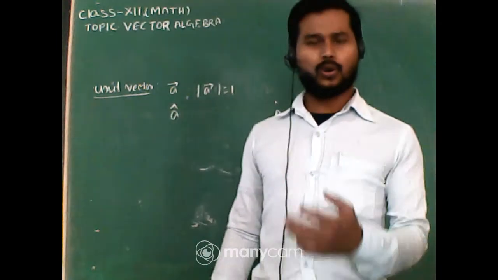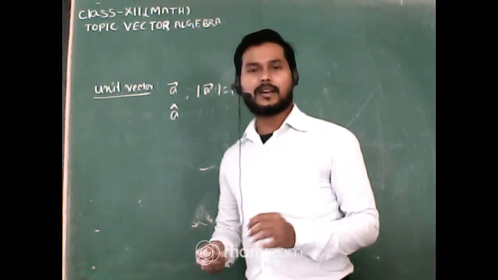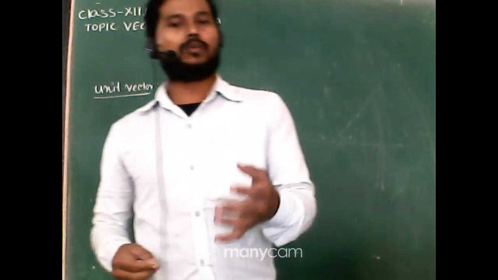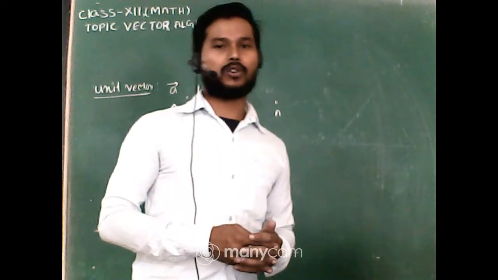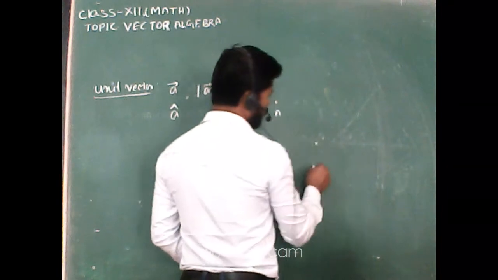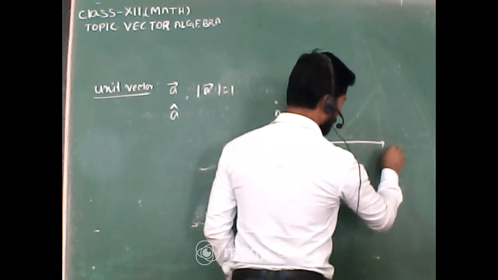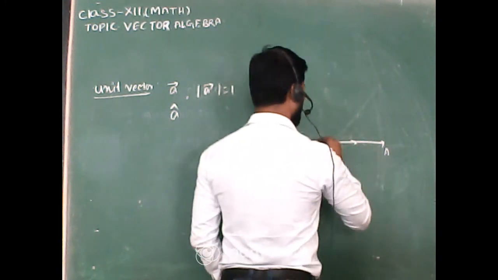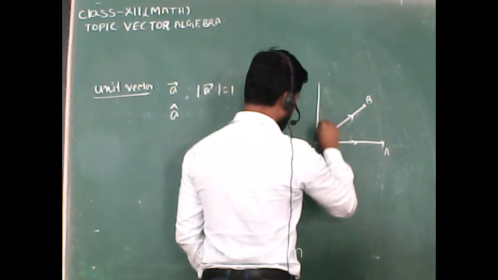Next, co-initial vectors. What are co-initial vectors? If the initial point of two or more vectors is the same, then these vectors are called co-initial vectors. For example, from this point let us consider three vectors: one is OA, one is OB, and one is OC.